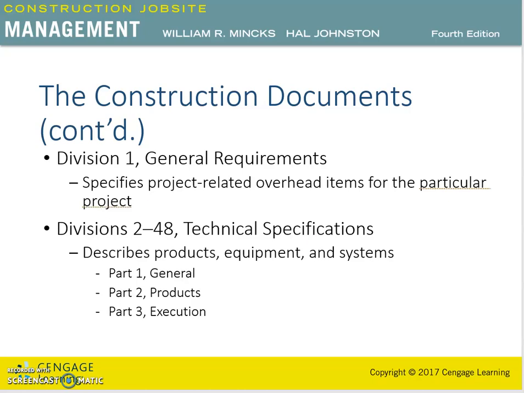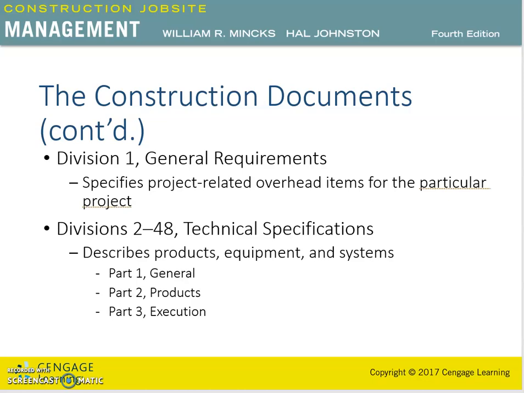As I just described before, each of the divisions from 2 to 48 are called the technical specifications. Those technical specifications are categorized under part 1, part 2, part 3: general, products, or execution.